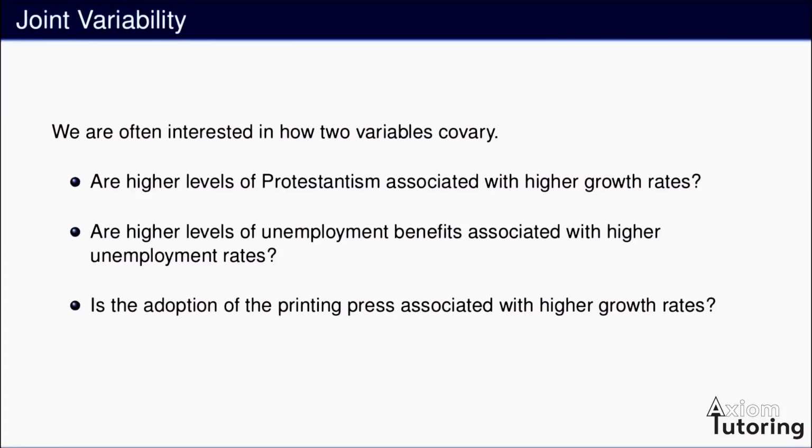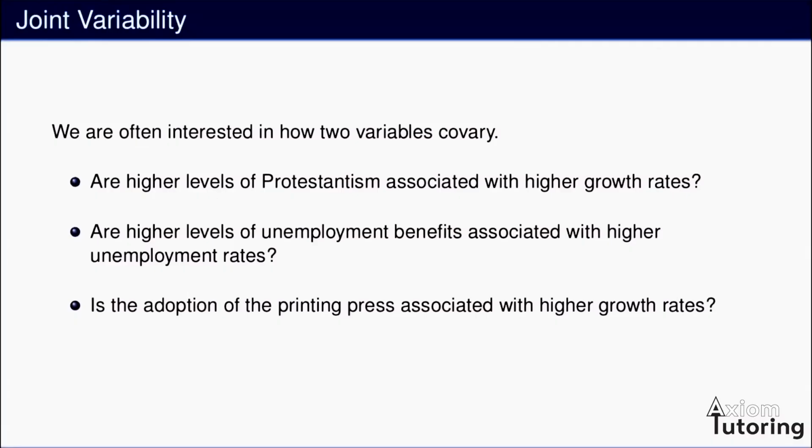So the first one is, are higher levels of Protestantism associated with higher growth rates? And you might see that this refers to Weber's theory around the Protestant ethic. And different researchers have looked into that using statistical methods.